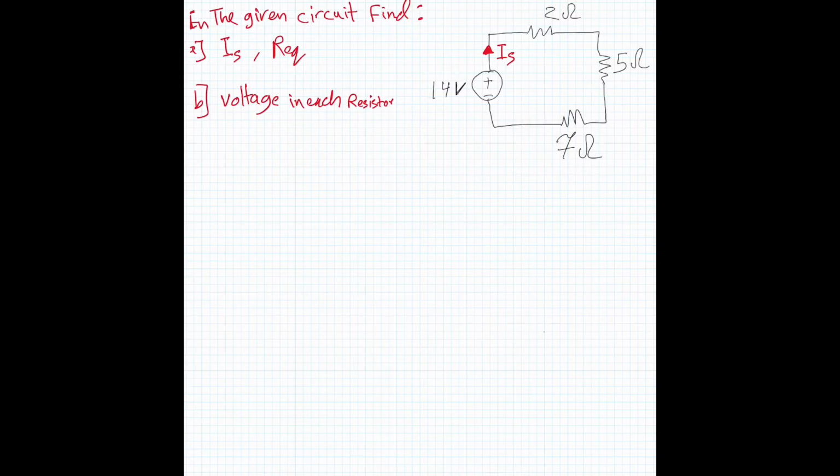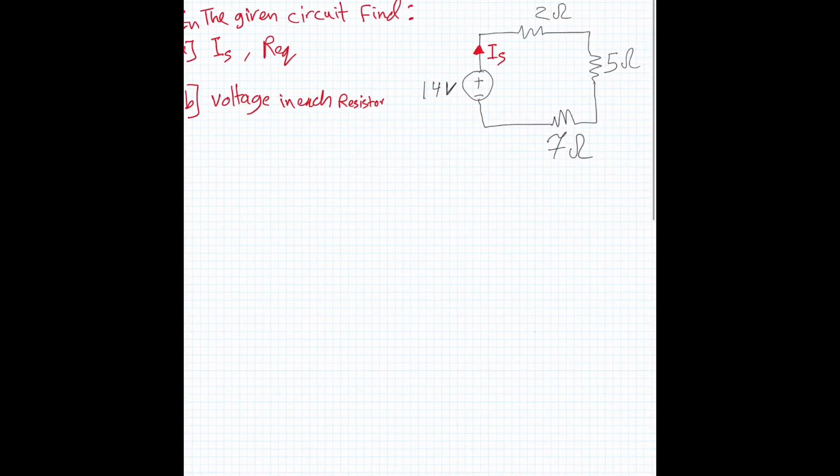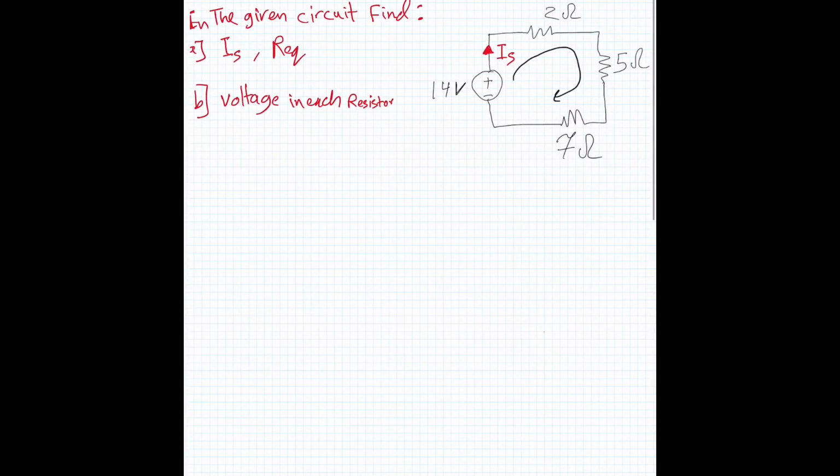Let's start with A. Here's the circuit, and it's one loop. That achieves the first rule, so we can say this circuit has series components.